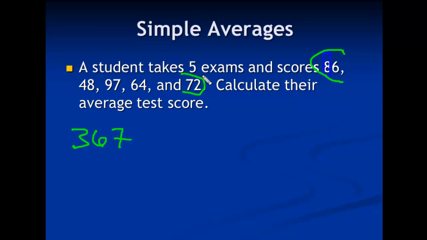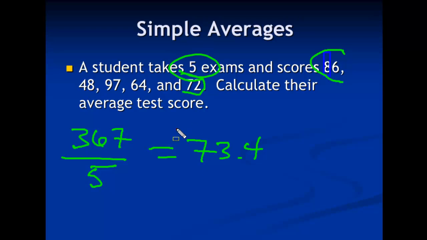Then there's 5 test scores. It tells you right here, 5 exams. You divide that number by 5 and you get 73.4. So that right there is what's called a simple average. That will be our answer.